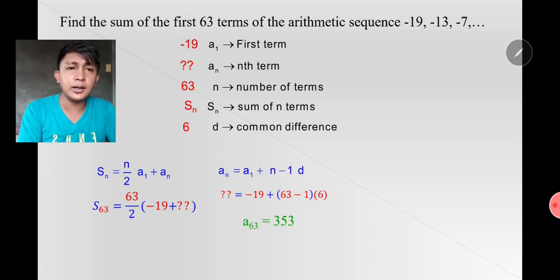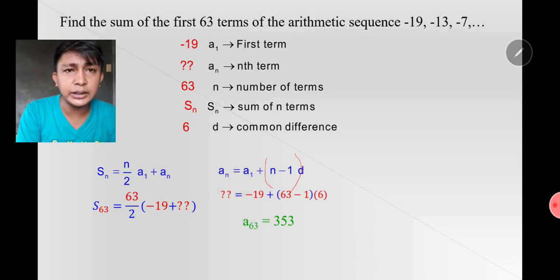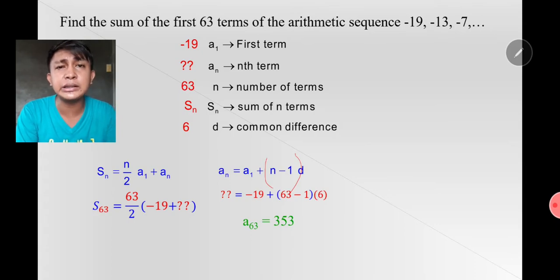So after solving, we have the first term negative 19, the number of terms is 63 and the difference is 6. So makukuha lang natin si a sub 63 or the 63rd term kapag sinagutan natin gamit yung formula for finding the nth term of a given arithmetic sequence.